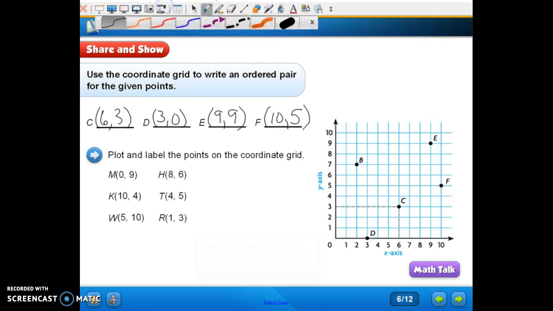And we're going to put a dot. Okay? It says plot and label. So we're going to label that point M, right by that. You don't have to put the ordered pair.